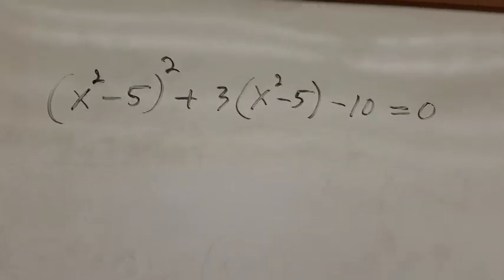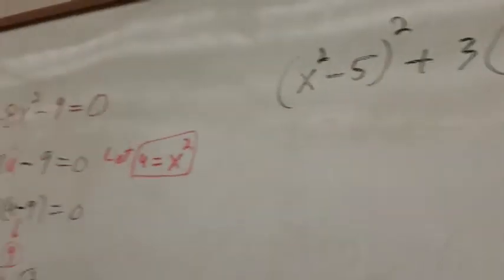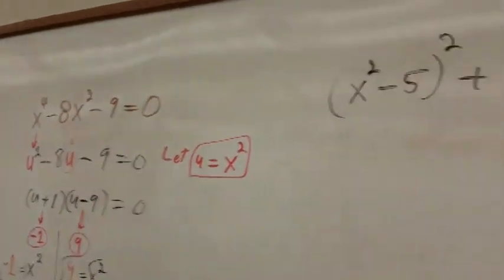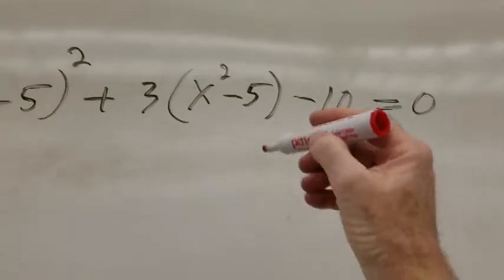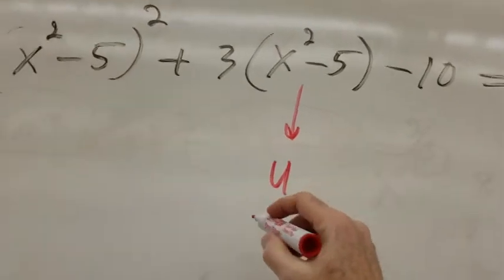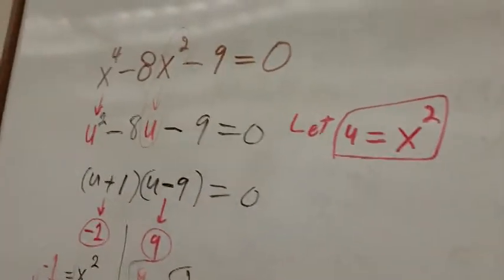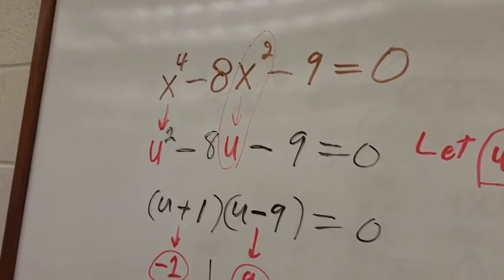All right, let's do another substitution problem, but this one's a little bit more in depth. So once again, just like on the problem over here, let's draw our arrows where we want to put a U. Draw your arrow, put a U, because remember, we want to see something squared, plus or minus something.